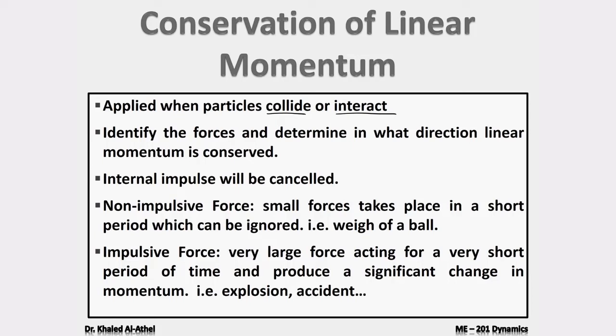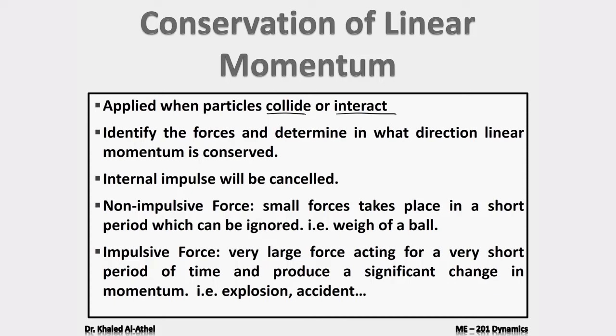Now, you need to identify forces and determine in what direction linear momentum is conserved. Keep in mind that the principle of linear impulse and momentum is a vector quantity. So usually we write it for x, y, and z. Now, that doesn't necessarily mean that all three could be conserved. I could have a problem where the conservation of momentum happens only in the x-axis or only in the y-axis.